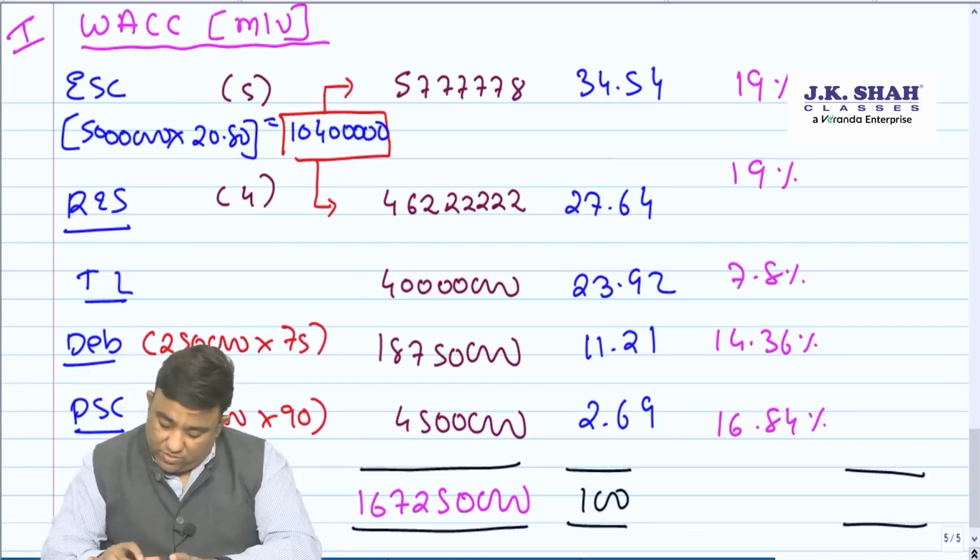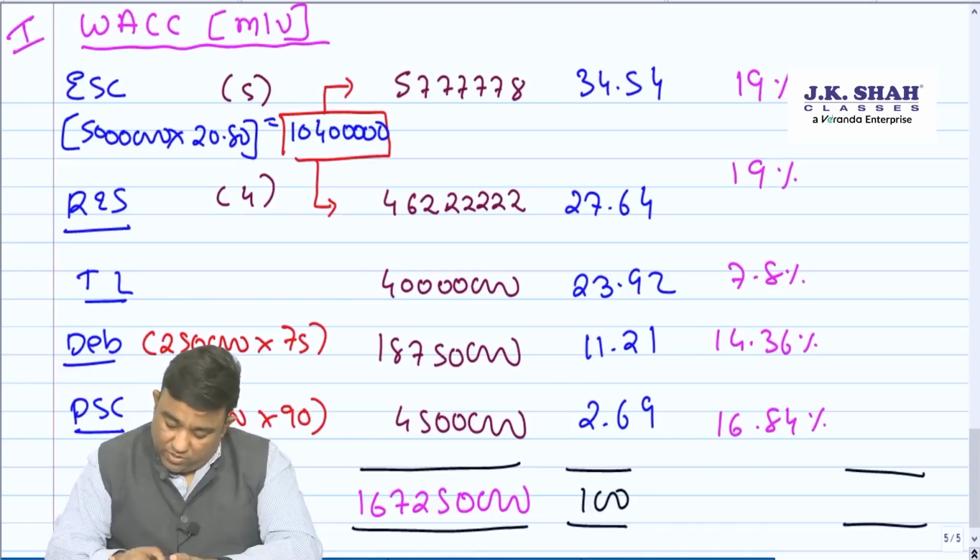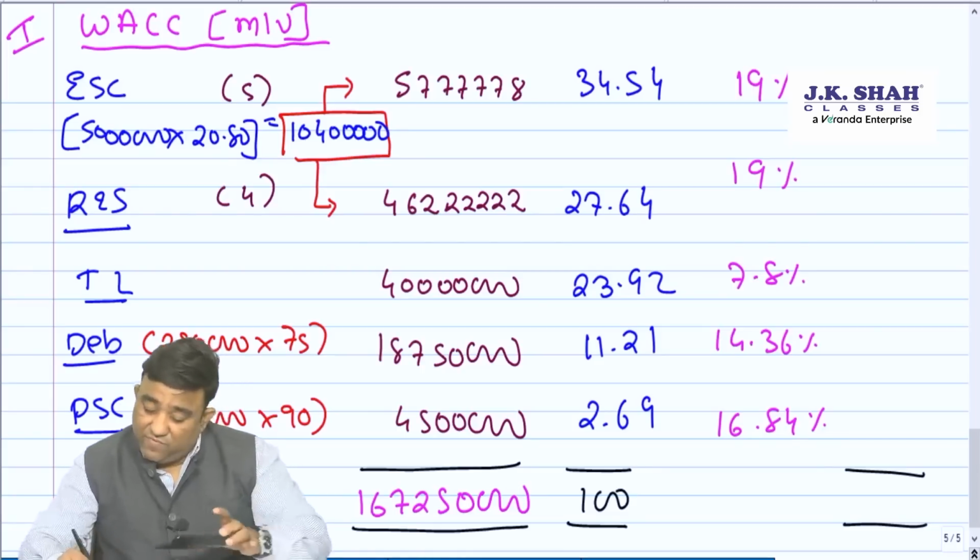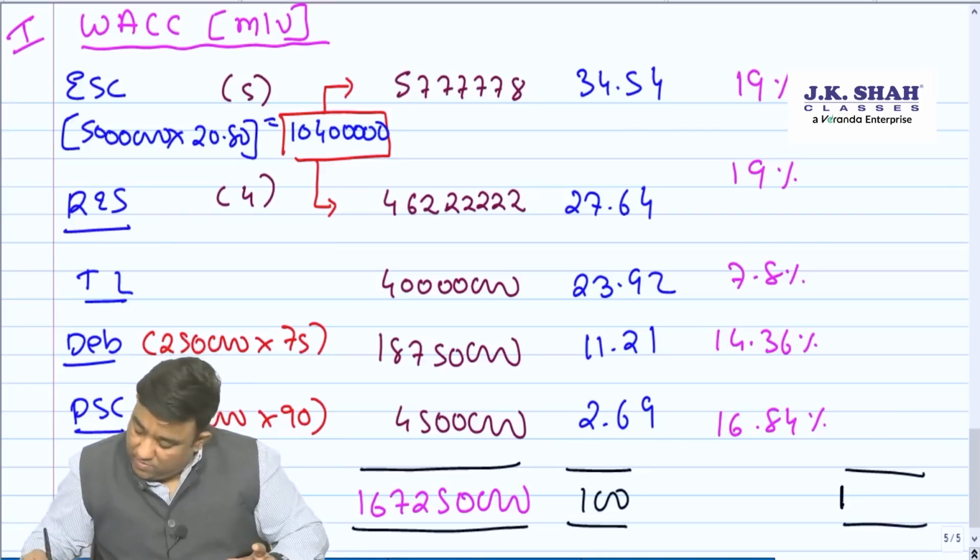Now if I just multiply and make a final answer, 34.54 into 15% plus 27.64 into 19% plus 23.92 into 7.8% plus 11.21 into 14.36% plus 2.69 into 16.84%, it is something like 15.74%.